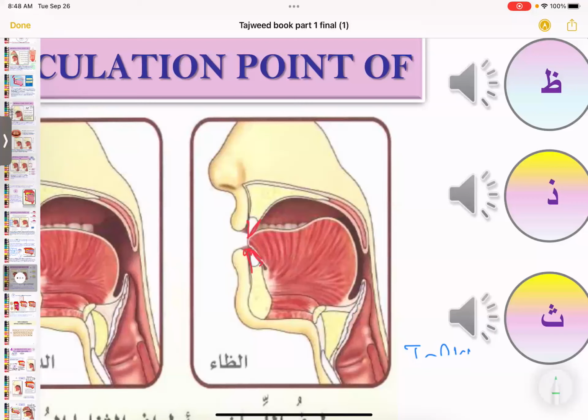The back of the tongue is raised up, giving it a heavy sound. And also, if you remember, in Dod not just the back of the tongue, even the middle of the tongue is raised up in such a way that it comes close to the roof of the mouth, leaving very minimal space between the surface of the tongue and the roof of the mouth.